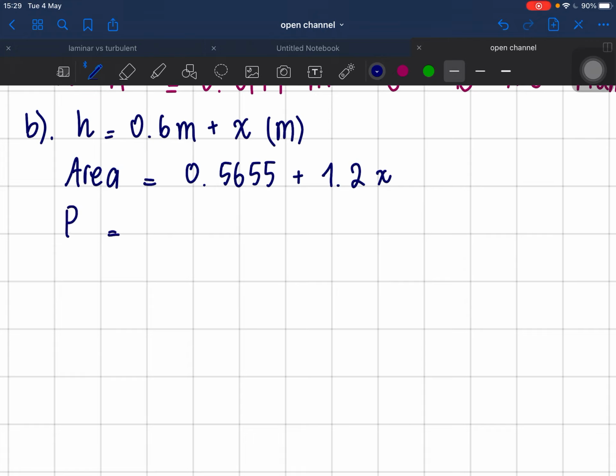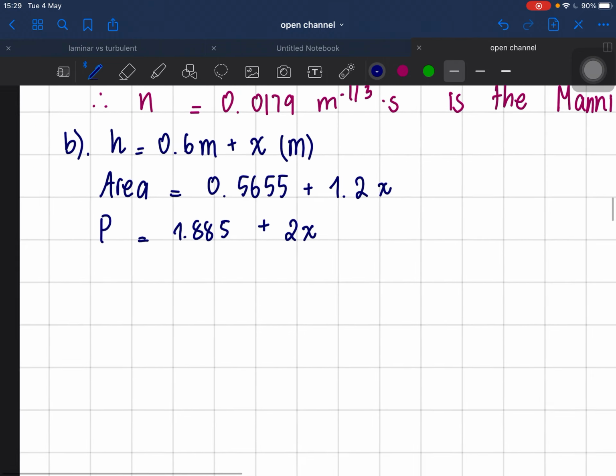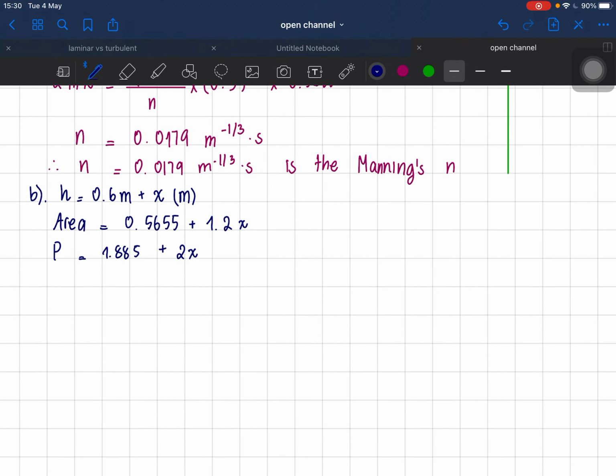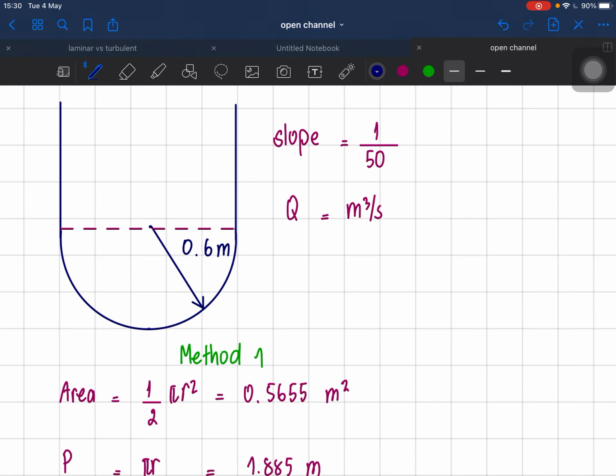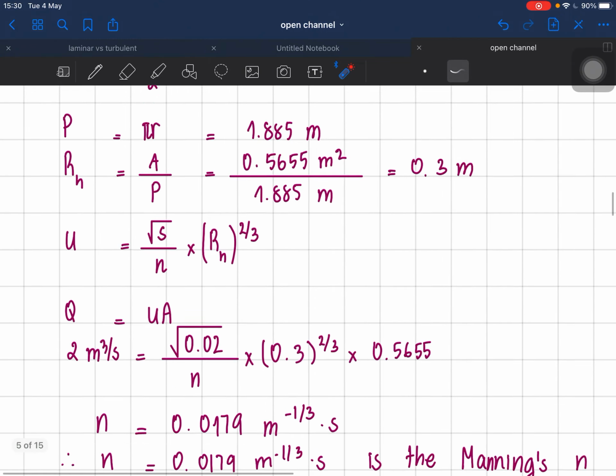P is equal to 1.885 plus 2x. Why is it 2x? Yeah, you know the answer. Because this is x, right? And it's 2 side. 2 times x. Okay?